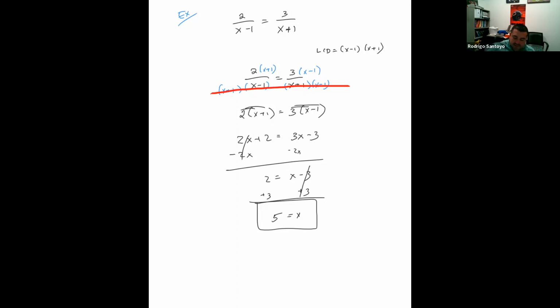All right. It looks like we just have one more example here. We have 2 over x plus 5 plus 1 over x minus 5 equals 16 over x squared minus 25.